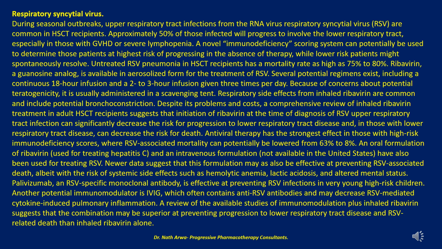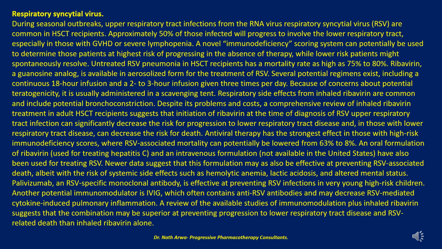Newer data suggest that this formulation may also be effective at preventing RSV-associated death, albeit with the risk of systemic side effects such as hemolytic anemia, lactic acidosis, and altered mental status.